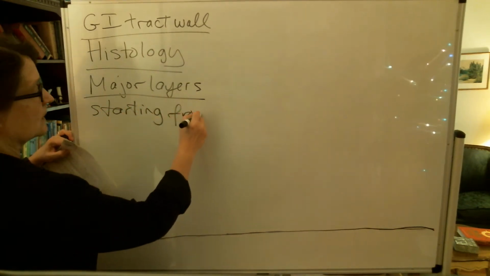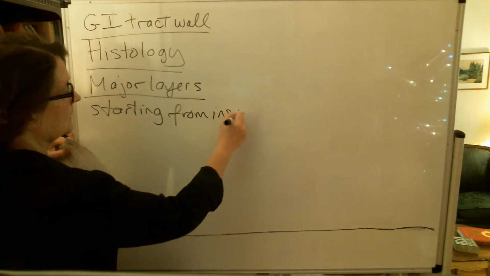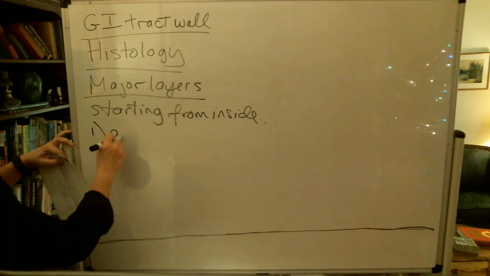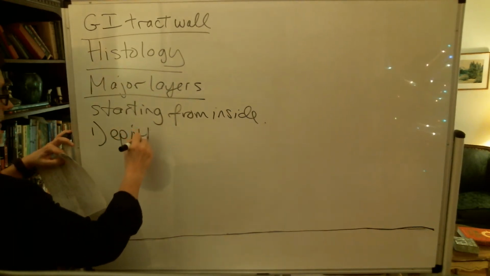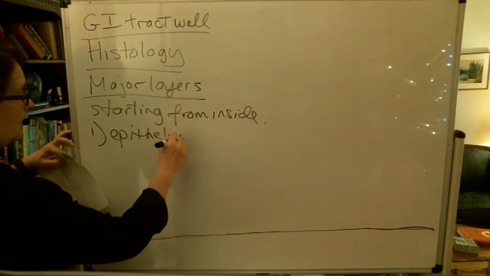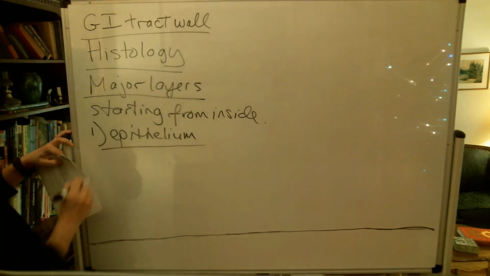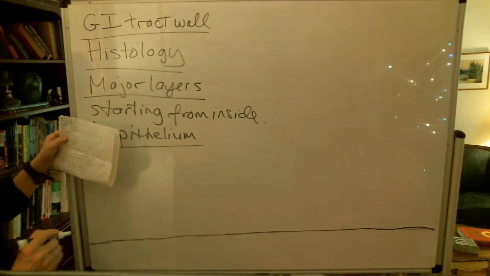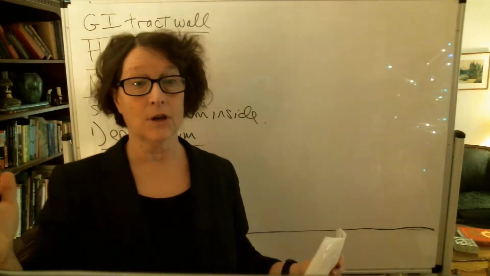starting from the inside. So to begin, on the very innermost lining of the GI tract, we have a layer of epithelium. Because of course we do.